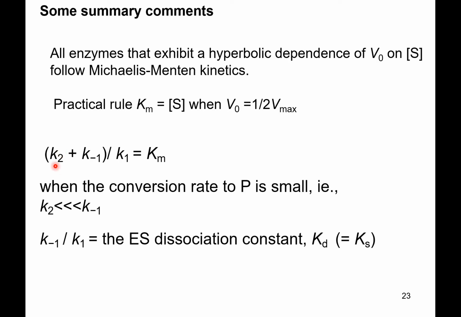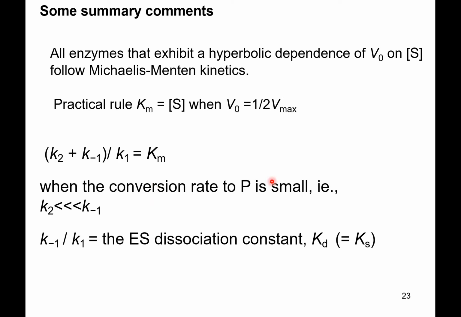Our Km value is equal to those rate constants, K2 plus K minus 1. So that's the rate of formation of our product plus the rate of dissociation of our substrate divided by the rate of binding of our substrate. That's equal to our Michaelis constant, the Km.